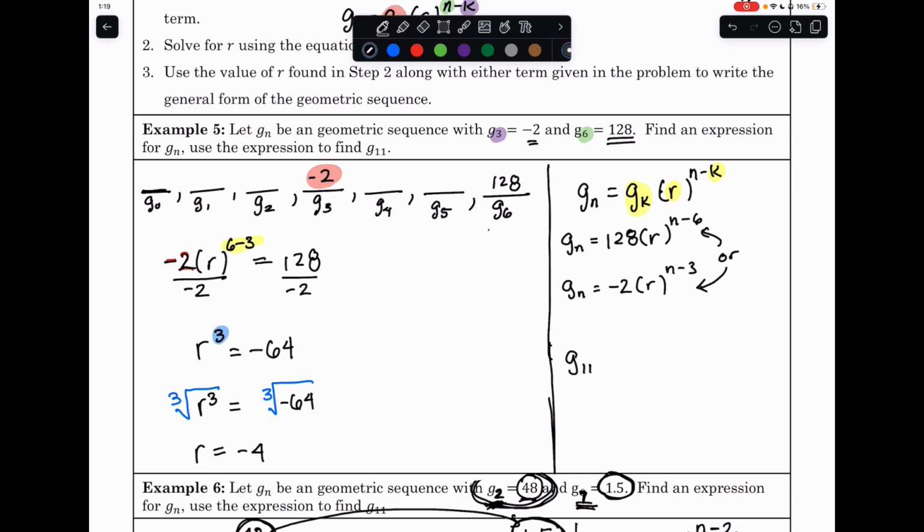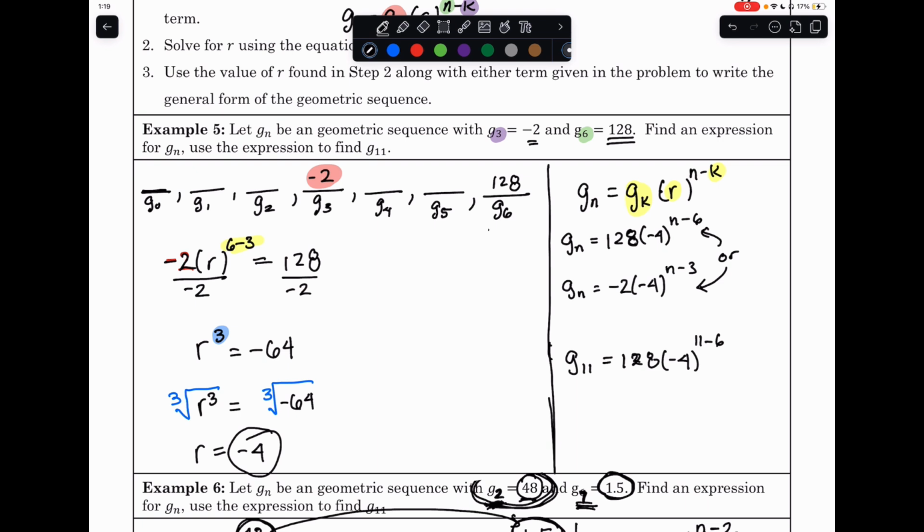So here, g of 11, let's use the first one first, would be 128. Oops, I forgot to do something. I should not be using just the letter r. I should be using the actual value for r, which we know is -4. So fix that. This should be -4. So if I use the top one to figure out g of 11, this would be 128 times negative 4 to the 11 minus 6 power.